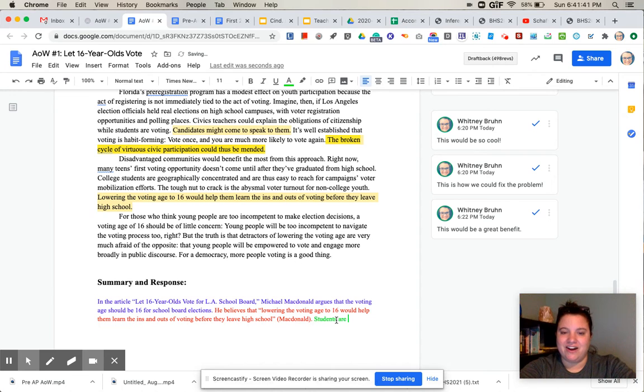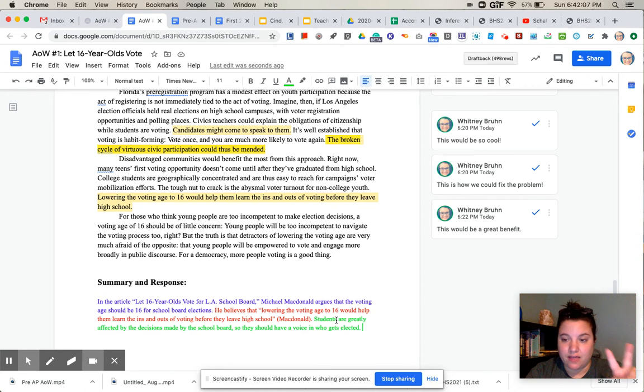Students, there we go, are greatly affected by the decisions made by the school board. Right? I'm going to keep adding on to this actually. So they should have a voice in who gets elected. Okay, so now I'm referring back to that school board idea in the topic sentence.